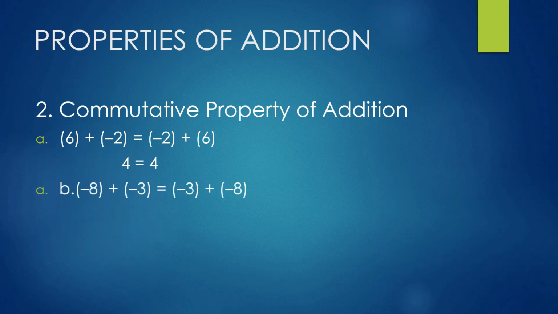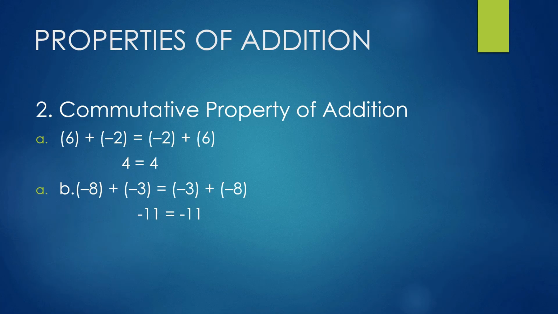Next, for letter B, we have negative 8 plus negative 3 is equal to negative 3 plus negative 8. If you change the position of negative 8 and negative 3, we will come up with the same answer, which is negative 11.